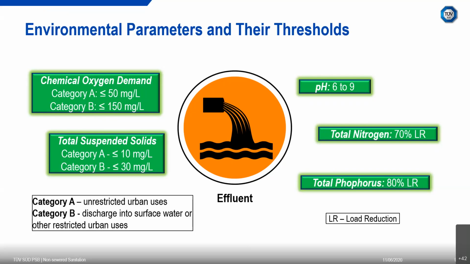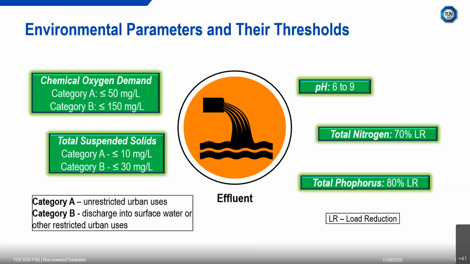For total nitrogen and total phosphorus, the thresholds are 70% and 80% load reduction respectively. The total nitrogen and total phosphorus as required in ISO 30500 shall be reported as percent load reduction. Initial and final concentrations shall be measured and percent load reduction is computed.